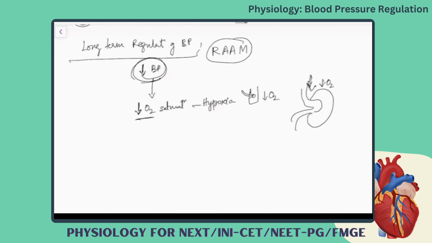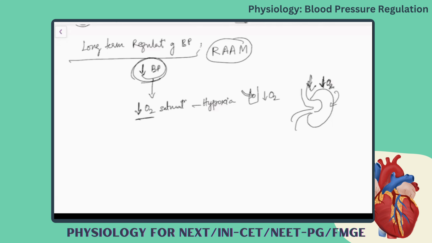And what is one of the important hormones produced by the kidney to maintain the RBC? Erythropoietin. So this is giving the signal of decrease of oxygen. In one way, this will give a signal to the erythropoietin to produce more and more RBC, to transport more and more oxygen.